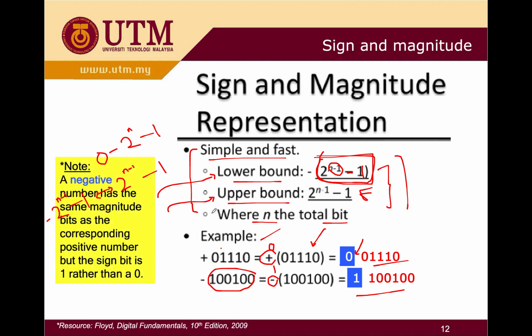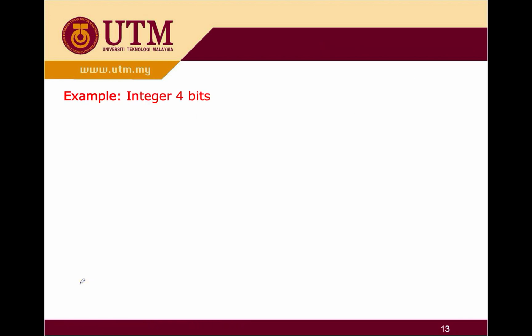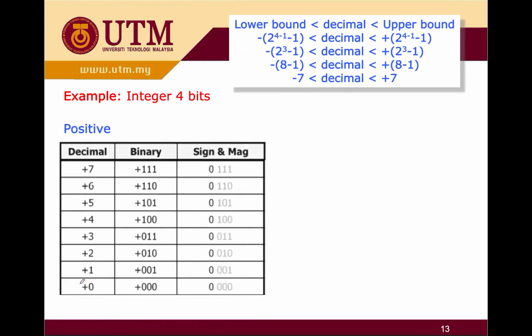I think your module and ebooks already mention this too: a negative number has the same magnitude bits as the corresponding positive number, but the sign bit is 1 rather than 0. So this is the example. Integer, 4 bits.